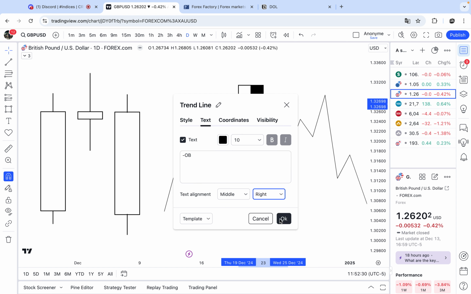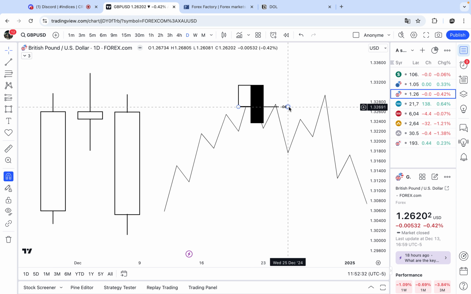Sorry, but quick question. Are you entering on the actual 4 hour? Let's say if it's a weekly CRT, are you actually entering on the 4 hour chart, or are you entering on a lower time frame? 4 hour chart.